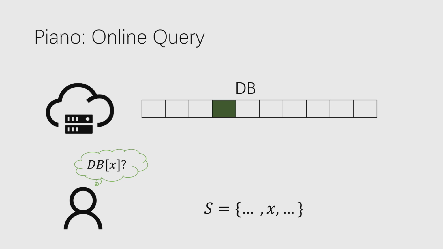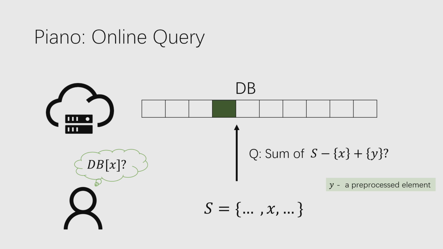Assume the client is interested in a database location X. The extra information it needs to recover X is the sum of S minus X. But it's not private to directly ask the server about this, because it leaks the information that none of the elements in S minus X is the current query.